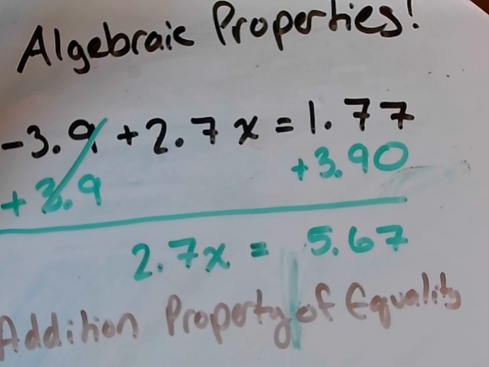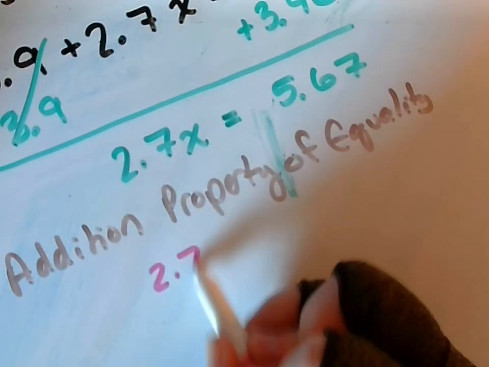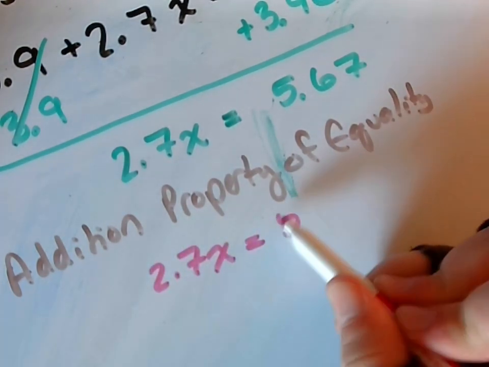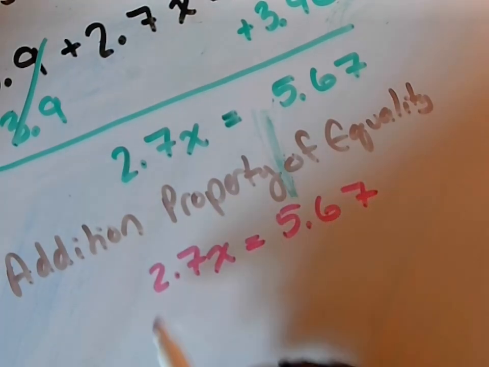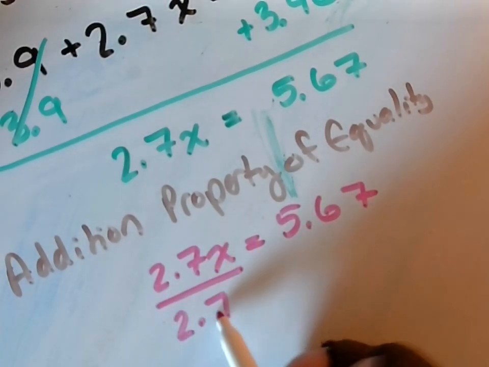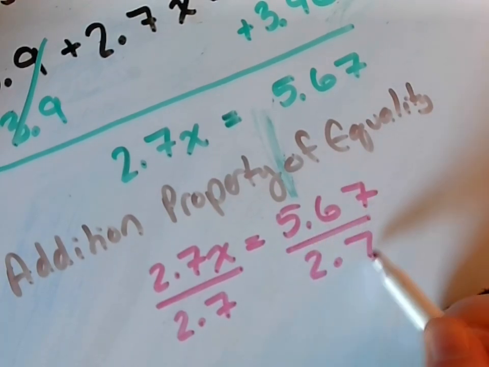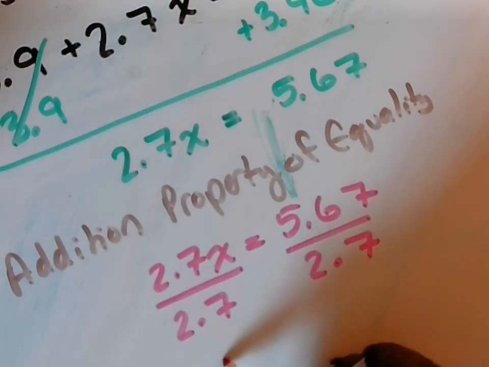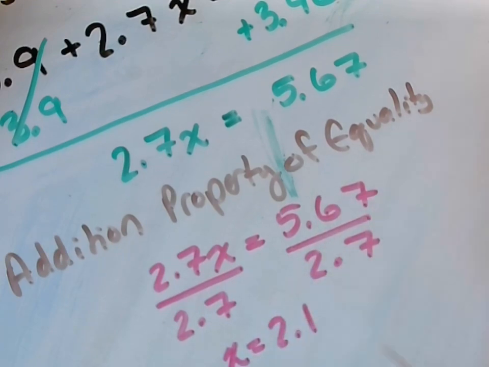We still need to get x by itself. So 2.7x equals 5.67. We divide both sides by that 2.7 to get x by itself, and we get x equals 2.1. So what did we do? Well, we divided.